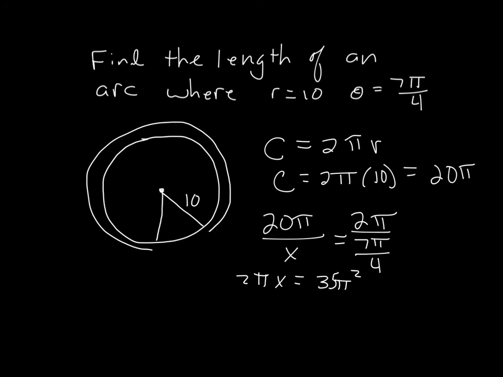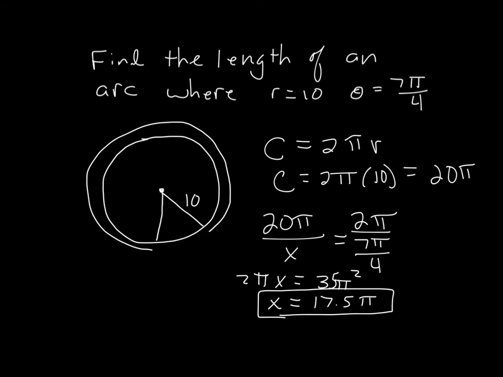And then we're going to divide by 2 pi. So we're going to get something like 17.5 pi, which makes total sense to the answer to this problem.